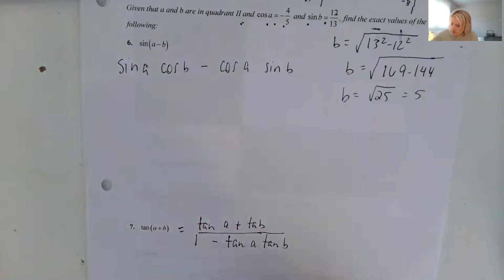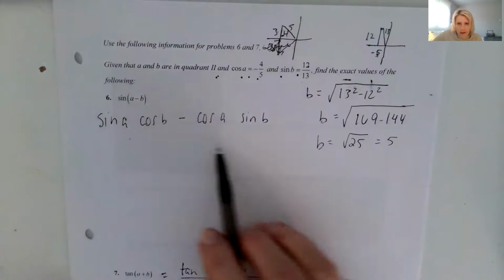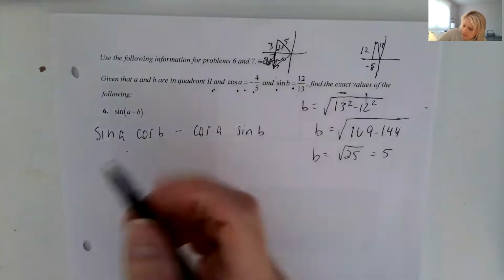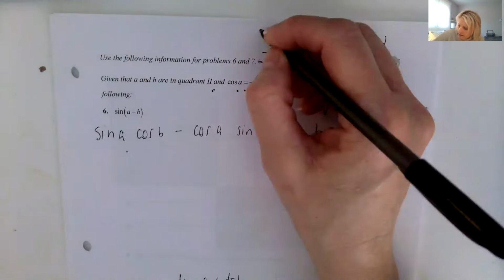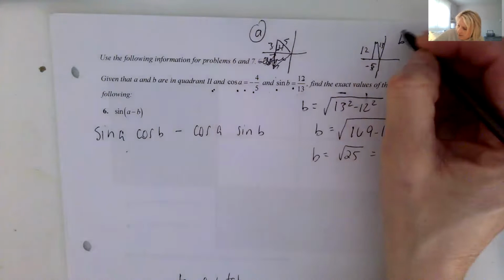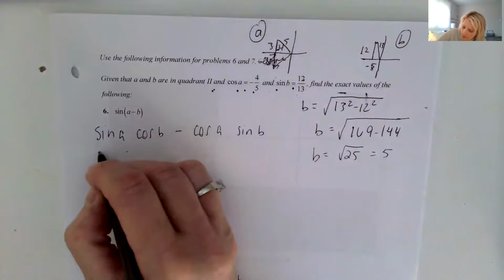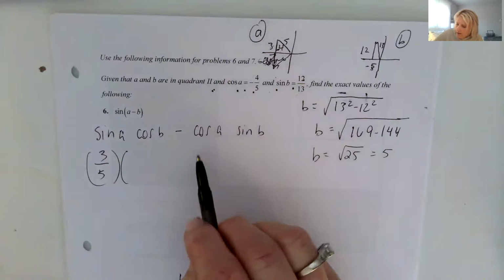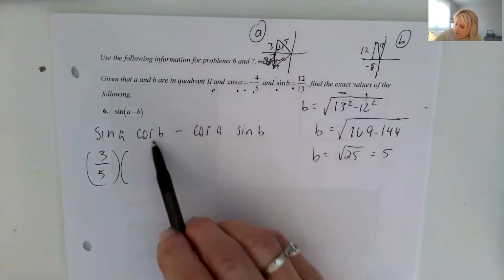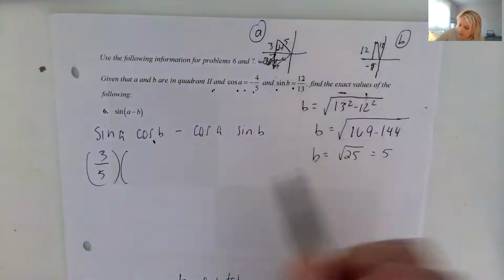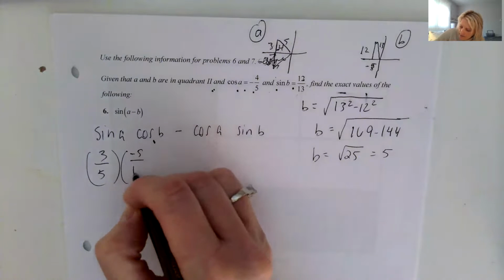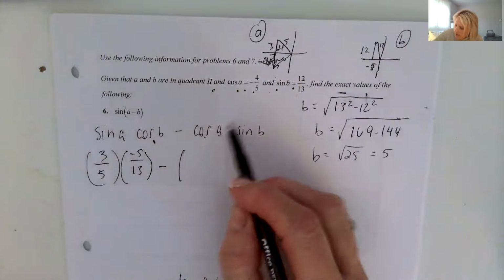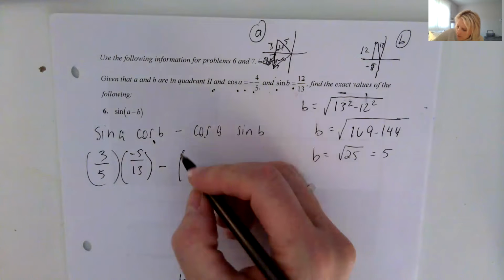Okay, so sine of A is over here. So it's 3/5. This is our A angle and this is our B angle. And then cosine of B is a negative 5/13. Subtracting cosine of A, they told us is a negative 4/5.